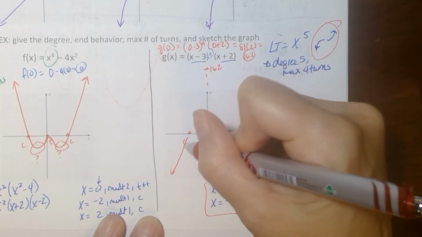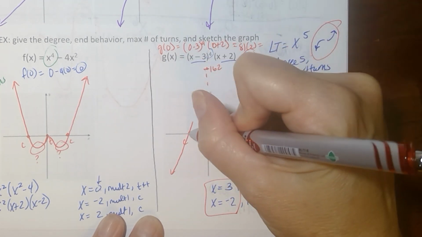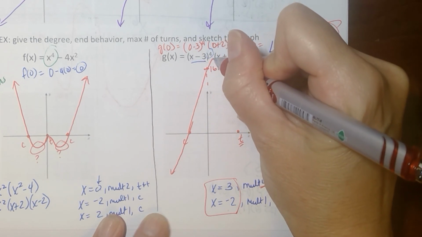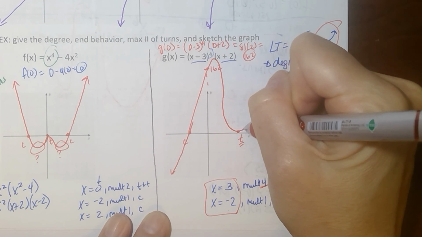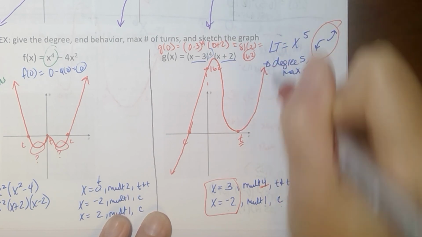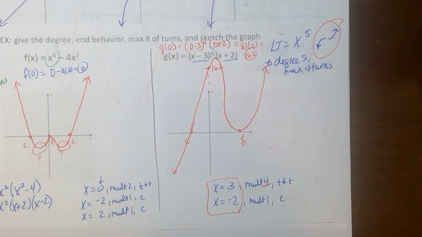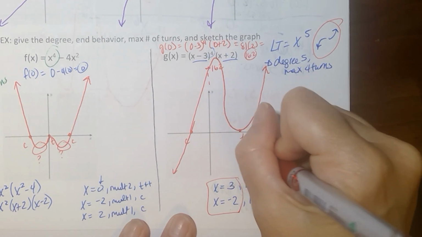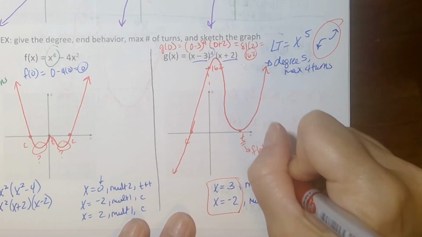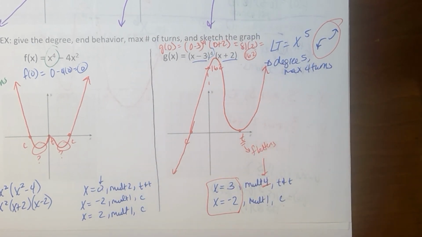Because that slows it down. So I'm going to come in and cross. I'm going to come up and hit that intercept, probably go up further. When I come in to touch and turn, I'm going to slow it down, so it's going to get wide. And then I go up. So that is that little piece where it flattens because of that multiplicity that is greater than 3.